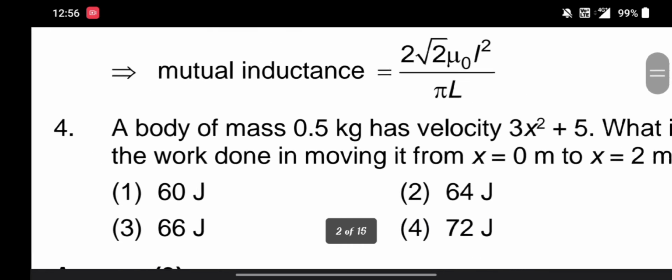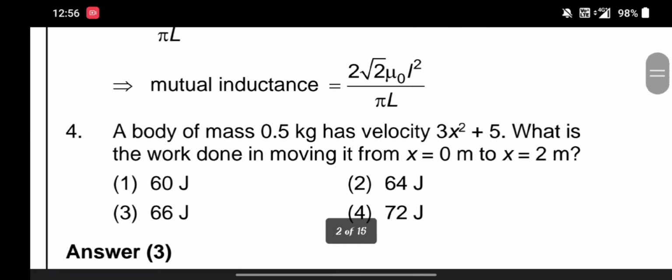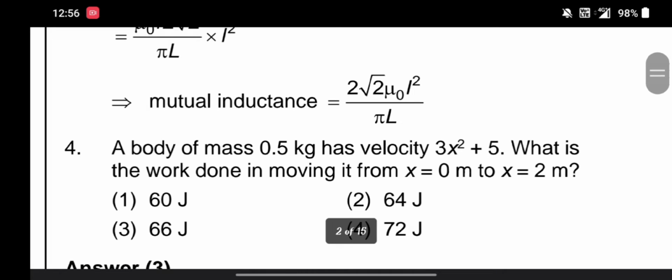For question number 4, they have given a body of mass 0.5 kg, which has velocity 3x square plus 5. What is the work done in moving it from x equal to 0 meters to x equal to 2 meters?